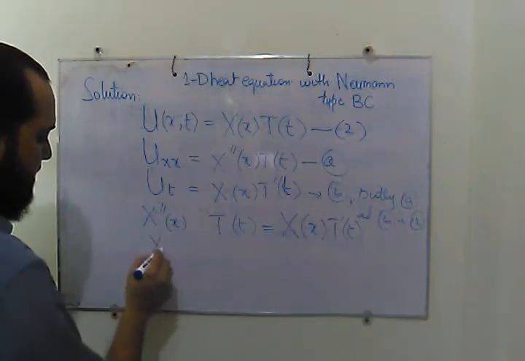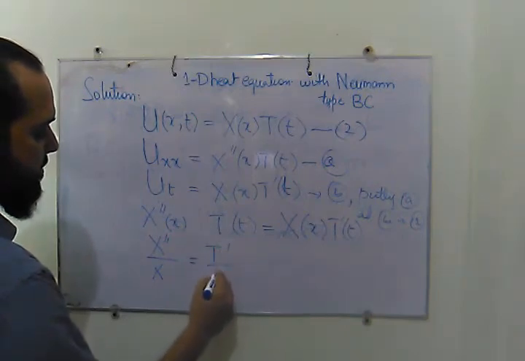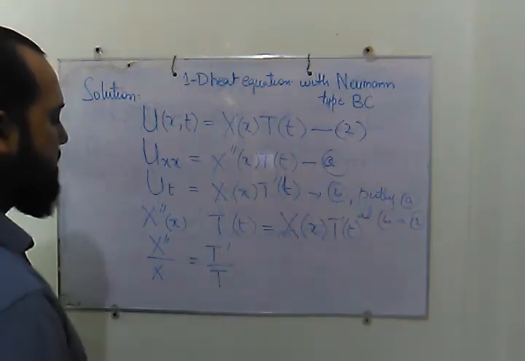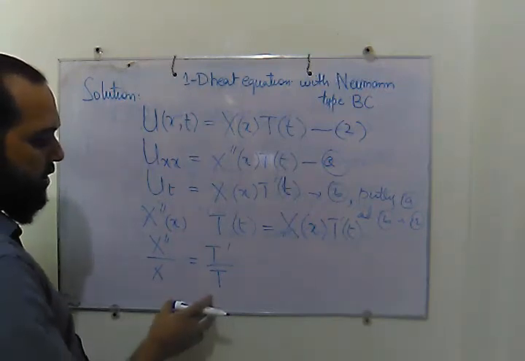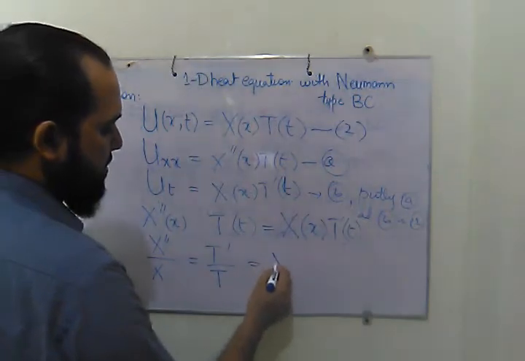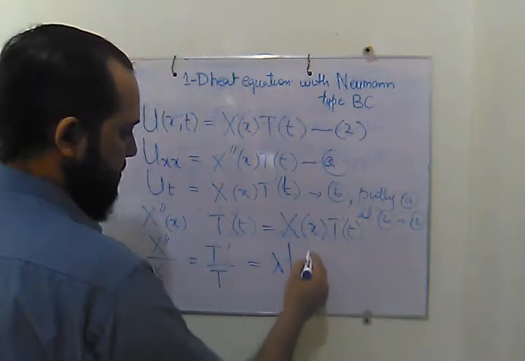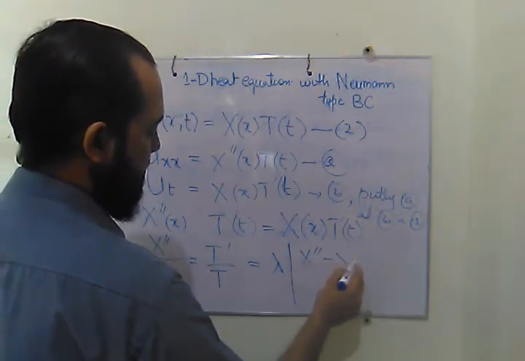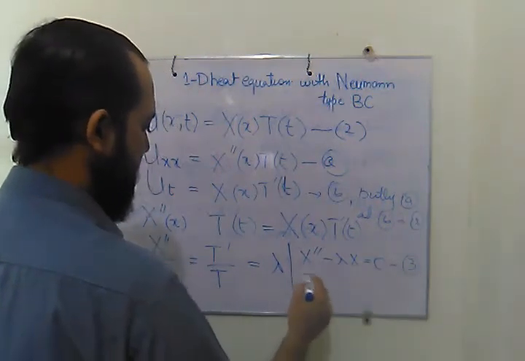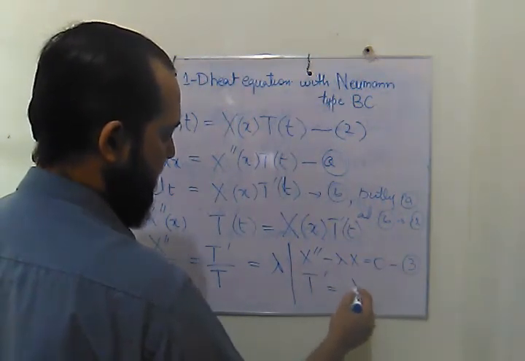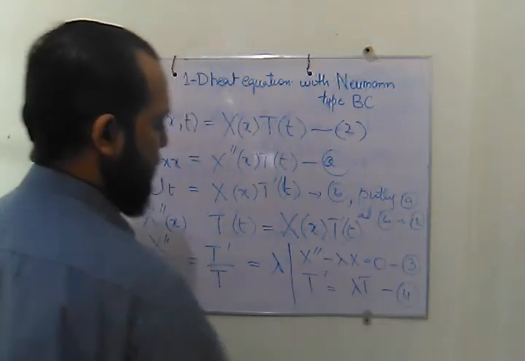We bring x on one side and t on the other side, and by the statement that two independent ratios are equal to each other only if they are equal to some constant, we get lambda here. Because of this lambda, we get two equations. Equation number 3, and T dash is equal to lambda T, which is equation number 4.